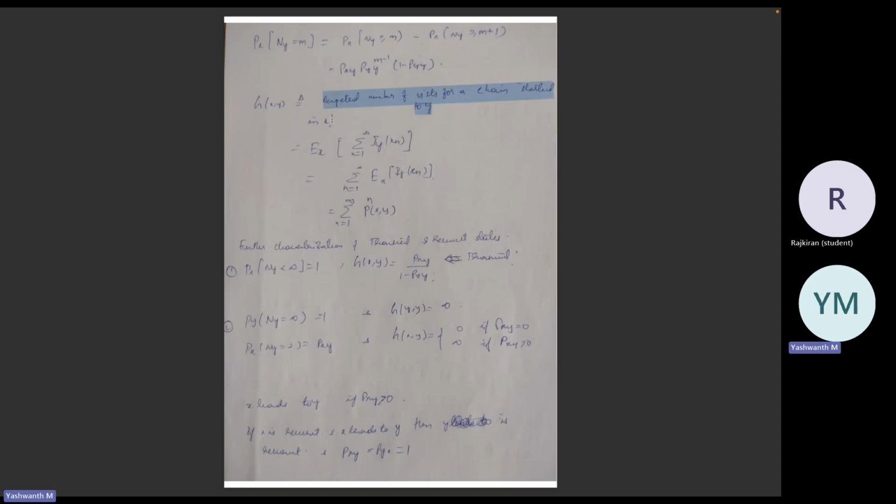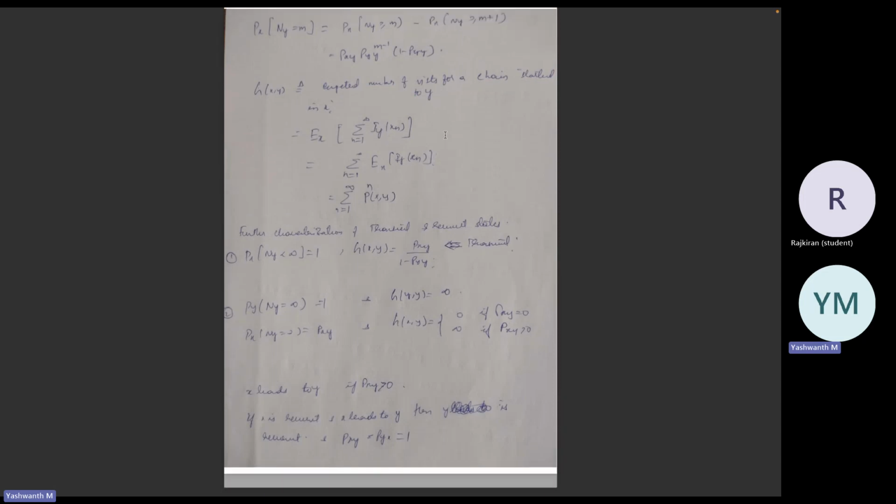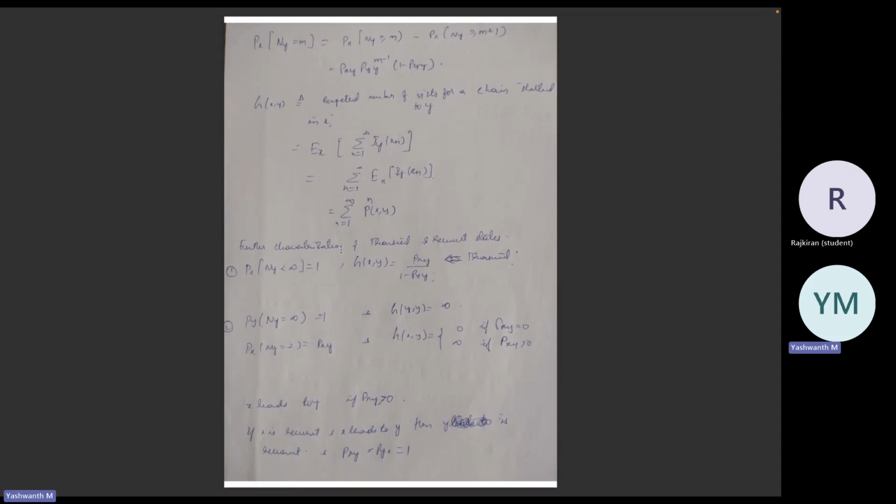G of xy is the expected number of visits for a chain that has started in x. And then a further characterization of transient and recurrent states is this. For transient states, your number of visits to a state is finite, and that happens with probability 1.